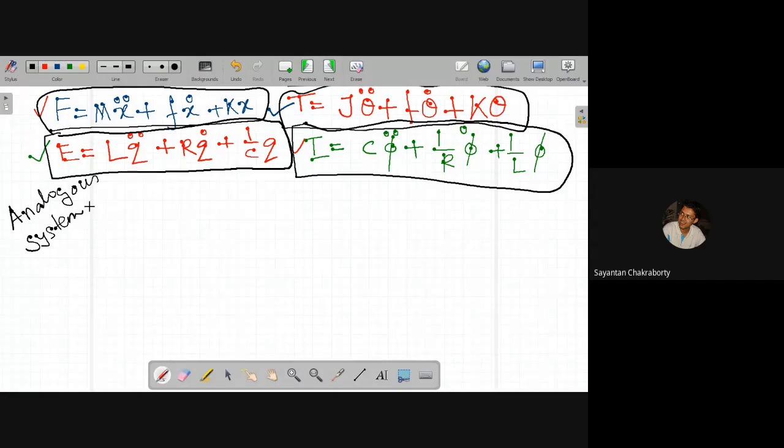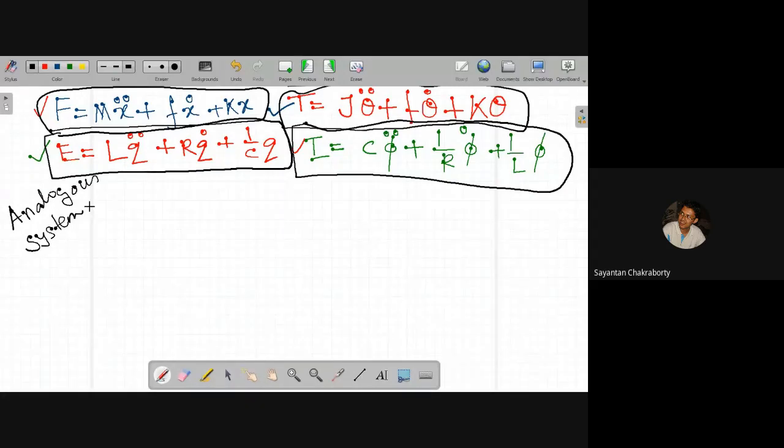So what are the advantages? You don't have to exert or examine the actual mechanical system. You can simply obtain a mathematical model. You can fabricate the model as an RLC circuit, because electrical analogous systems are amenable to experimental study. They're easily available, and very easy to carry out different experiments with. So in this way, we can obtain a mathematical model, and from that mathematical model we can obtain the electrical analogous system corresponding to the mechanical system.